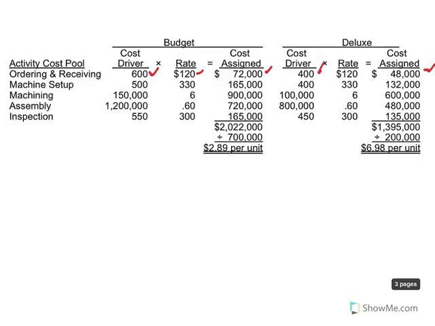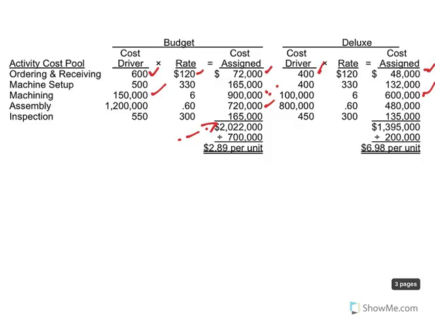Machining, they consumed 150,000 hours at $6 an hour, $900,000. The cost driver for deluxe consumed fewer hours, so it's going to be assigned less. And again, the assembly budget $1.2 million, at 60 cents, the cost driver for deluxe 800,000, and so on. This is just the overhead, not direct material and direct labor, just the overhead assigned based on activity.